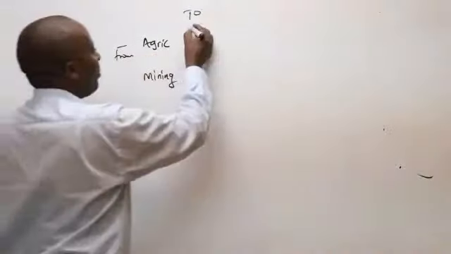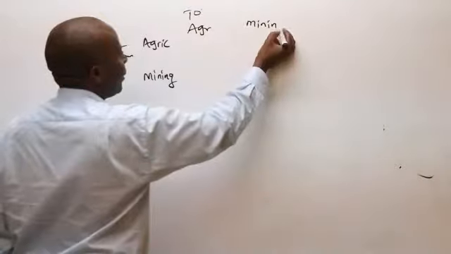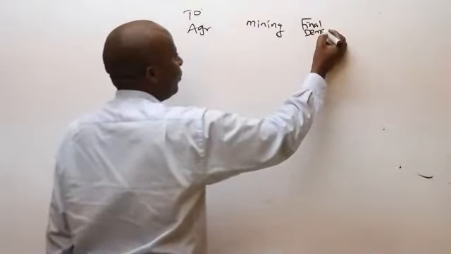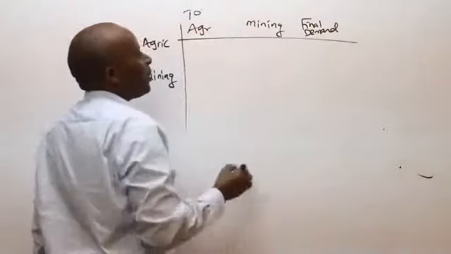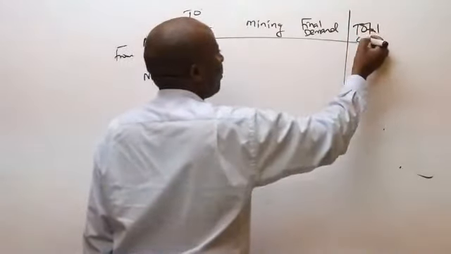We have the same matrix here, agriculture, mining. Then we have the final demand, and then the total output.